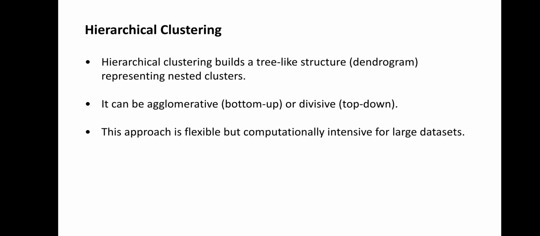It can be agglomerative, which is bottom up, or divisive, which is top down. So the tree-like structure could be built from bottom to top or from top to bottom.